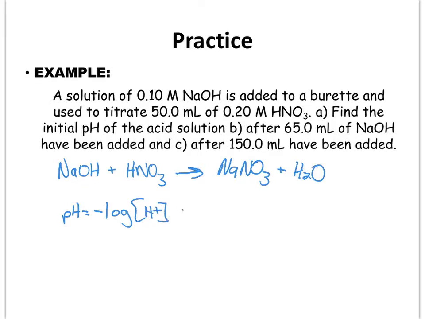The concentration of the acid and the concentration of the H plus is 0.20. So negative log of 0.20 here gives us a pH of 0.70. So finding the initial pH of a strong titration is pretty easy. Just take the negative log of the concentration and you'll get your pH.